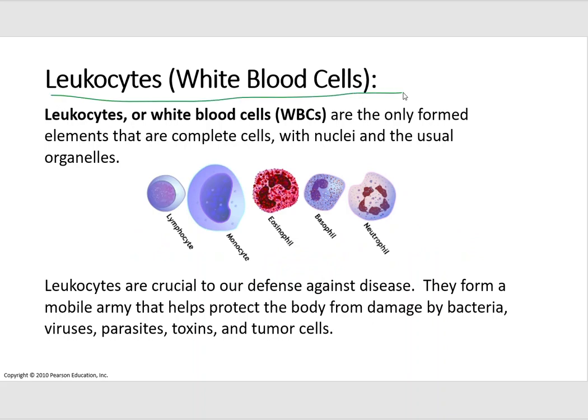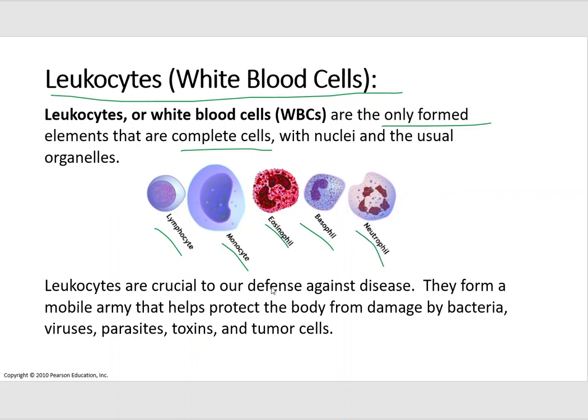Leukocytes, these are the white cells. We kind of briefly touched on these guys, but let's go into a little bit more detail. These are the formed elements that are complete cells because they have their nuclei and the organelles. So we have the lymphocytes, the monocytes, eosinophils, basophils, and neutrophils.